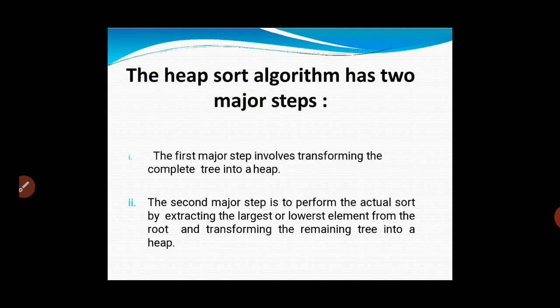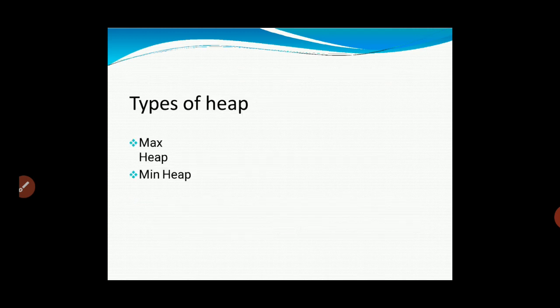That means the first value is extracted, then the overall tree behaves like a heap tree again. That means we maintain the heapify conditions. We will discuss the algorithm and other types next.